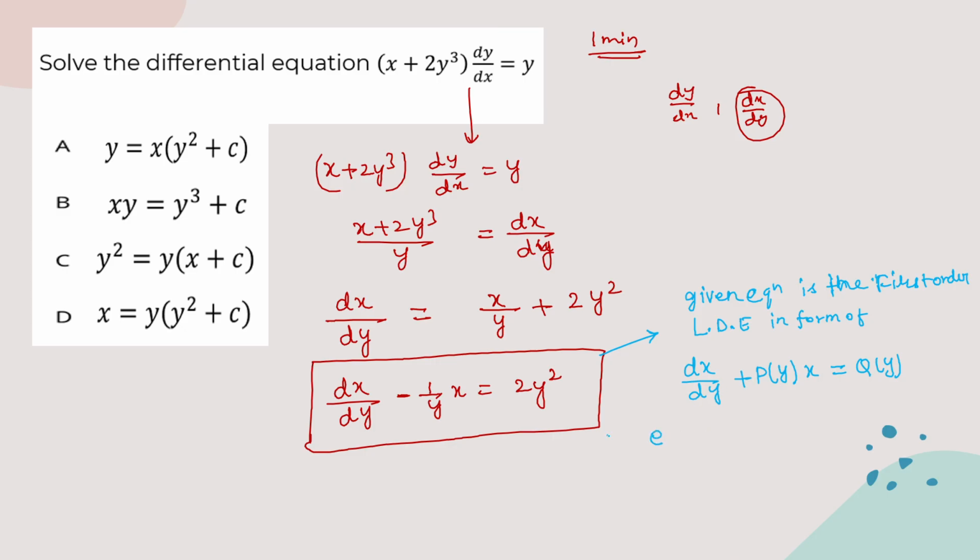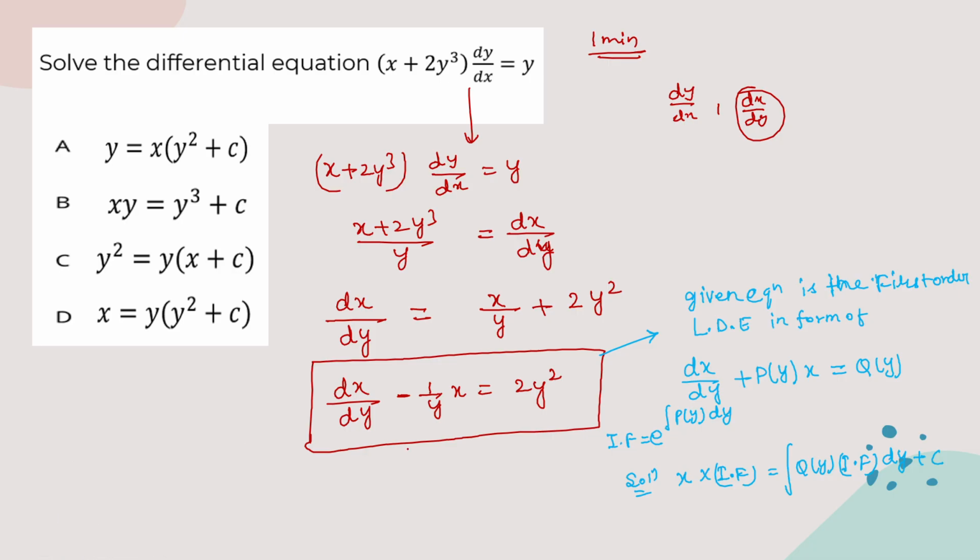So the integrating factor will also change. The integrating factor value will become e to the power ∫P(y) dy, and the solution will also change. This time instead of y into the integrating factor, it will become x into the integrating factor is equal to the integration of Q(y) into the integrating factor dy plus c.